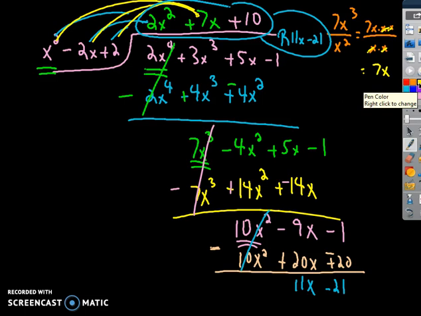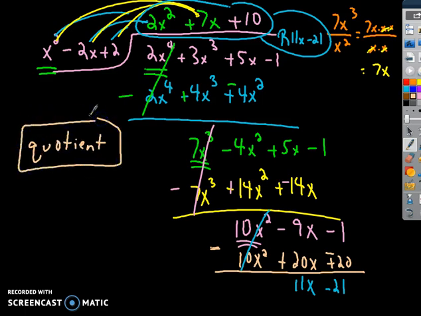The answer is, it's actually called the quotient, not the solution. So the quotient is 2x squared plus 7x plus 10, remainder 11x, subtract 21.